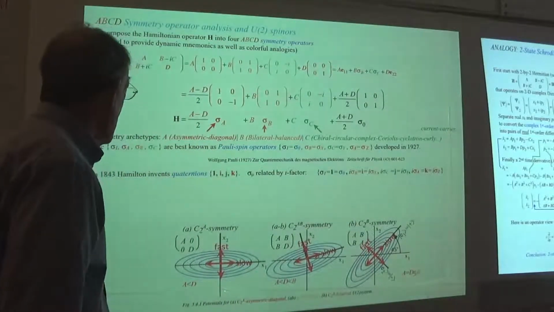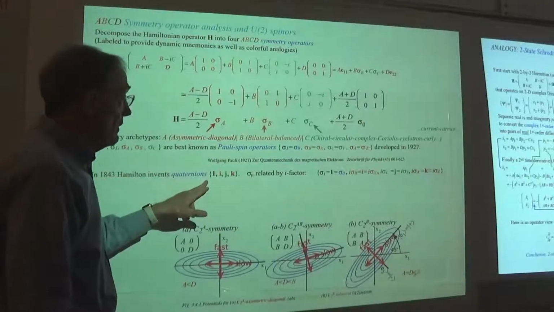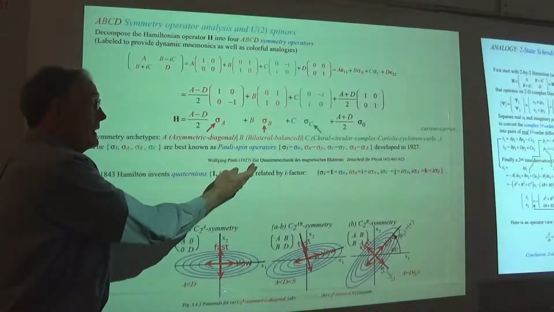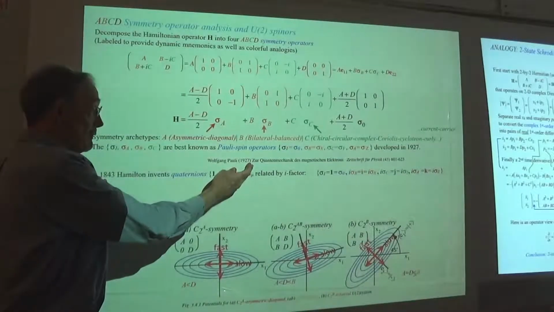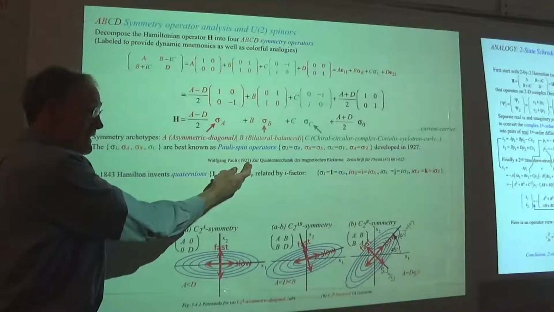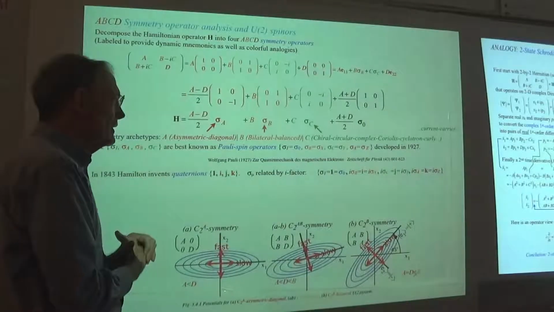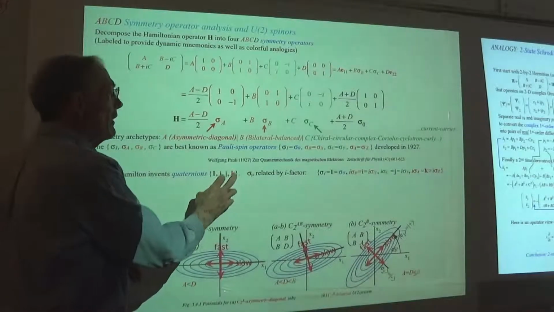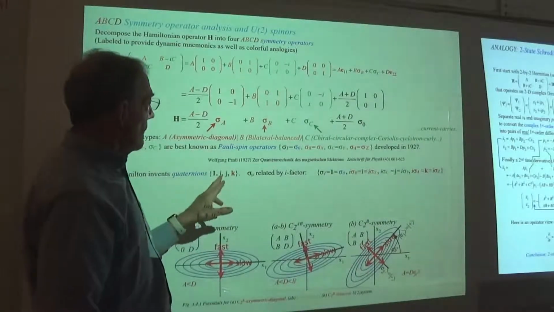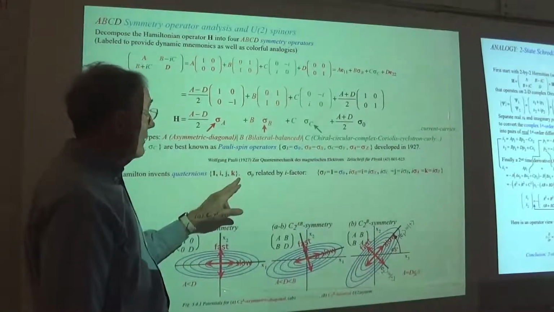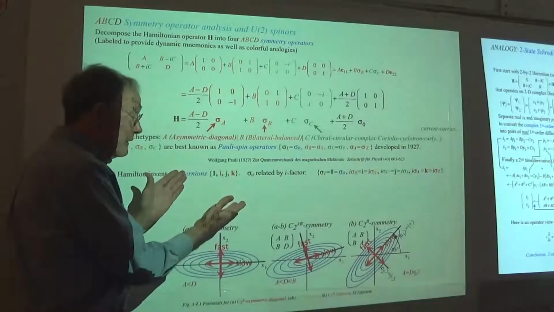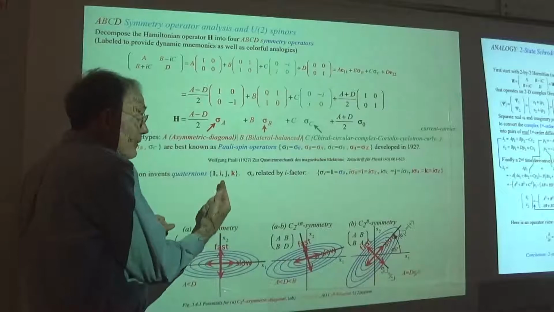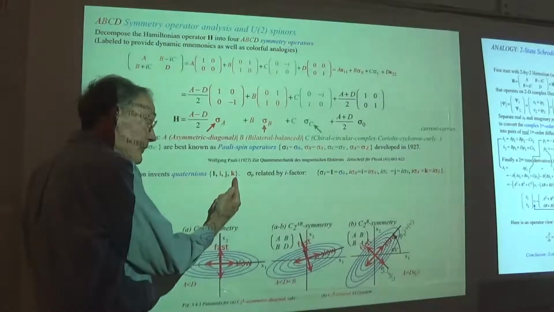Now, Hamilton's quaternions. This comes in 1843. That's a heck of a long time between his discovery and Pauli's. And it's kind of amusing that he doesn't give much credit to Elliot. But what he calls them is I, J, and K. And they later were picked up by the American physicist Willard Gibbs, who used them as the unit vectors of x, y, and z.